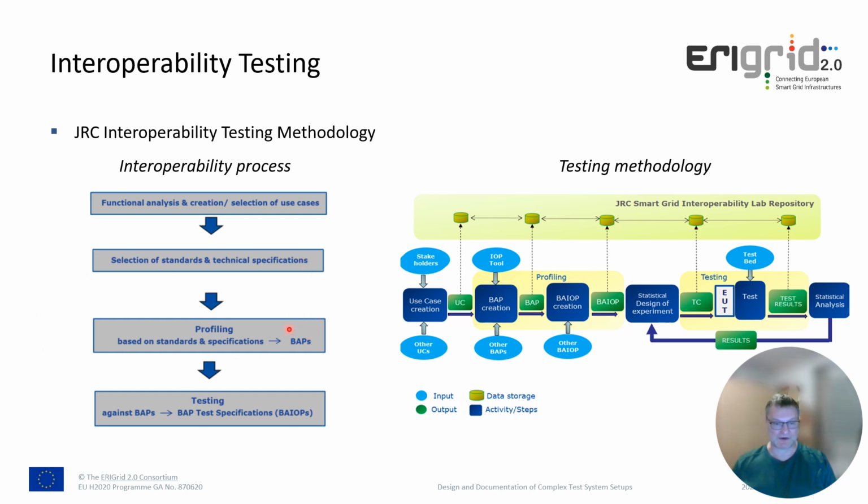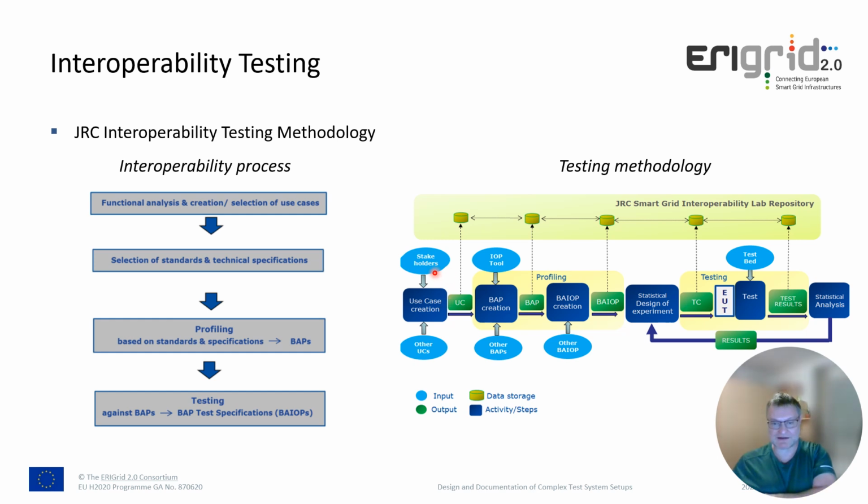Then you typically do a profiling, you select the specifications, you create basic application profiles, and for the testing you extend them with interoperability needs. They are called basic application interoperability profiles. So this is typically the process, and JRC has developed the methodology that starts with the use case creation.